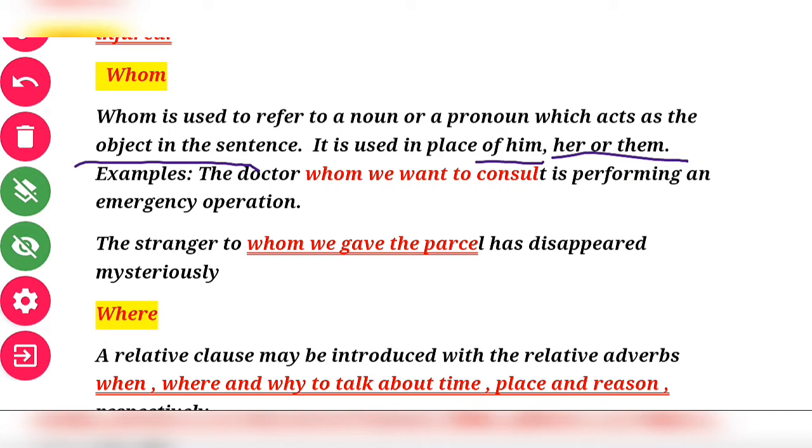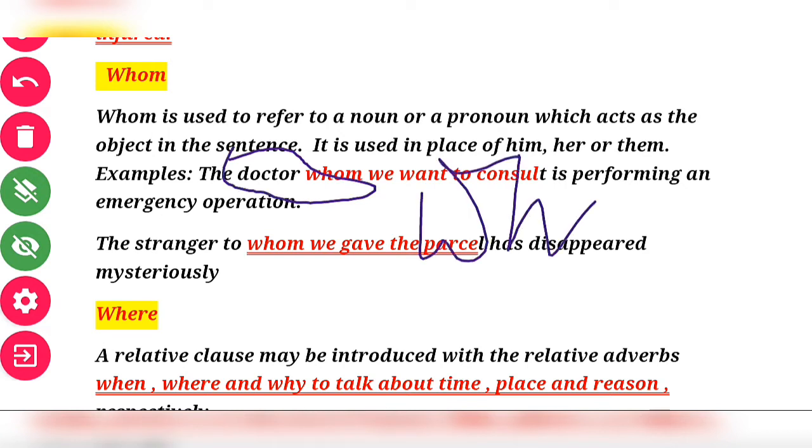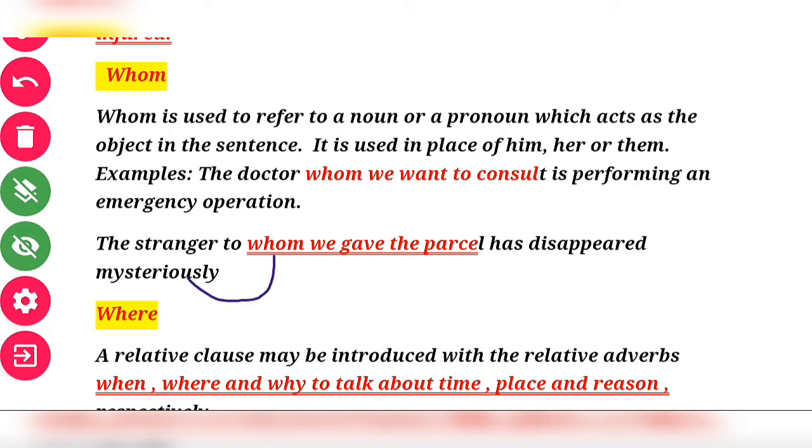So: The doctor whom we want to consult is performing an emergency operation. For doctor, the word whom is used here. Clear. The stranger to whom we gave the parcel has disappeared mysteriously. Again this word whom is used for him. Who is him? The stranger.